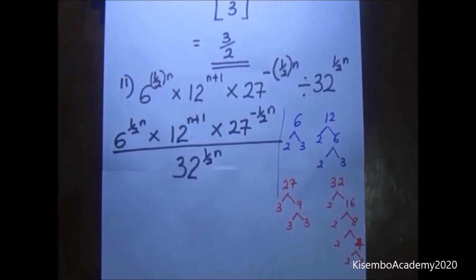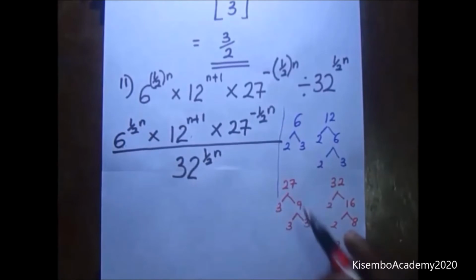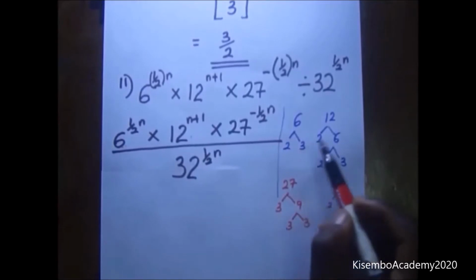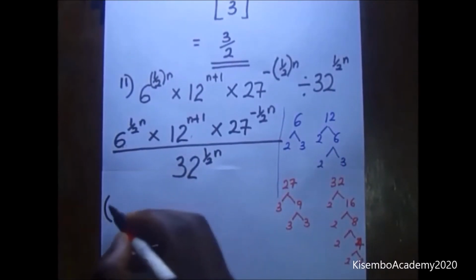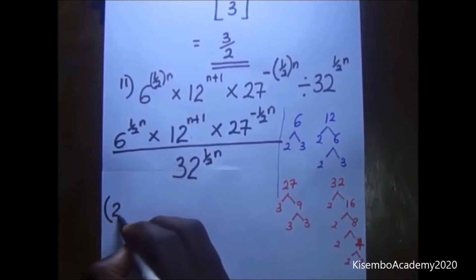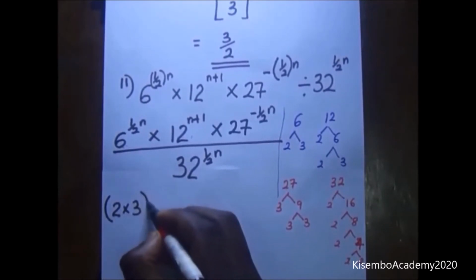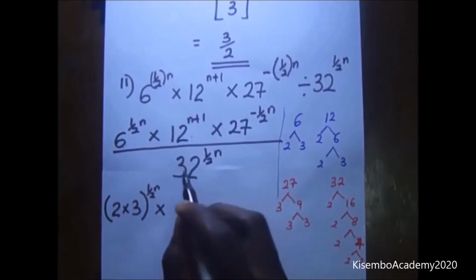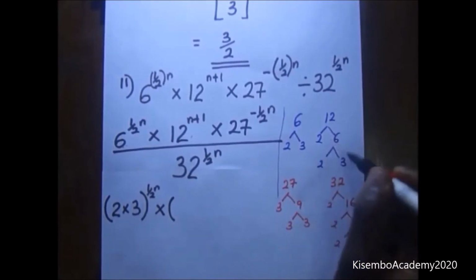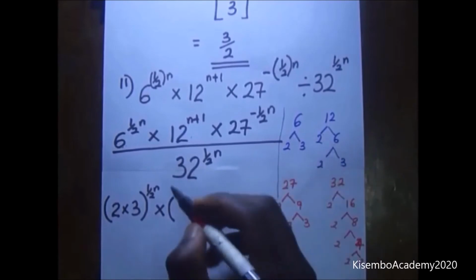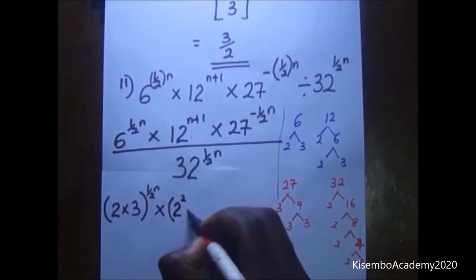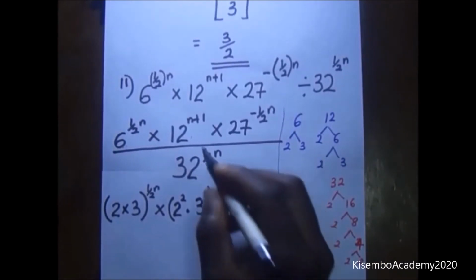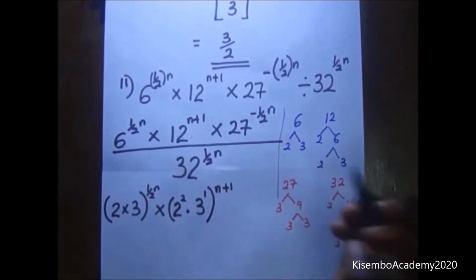So after finding the prime factors of these numbers, 6 is the same as 2 to the power 1 times 3 to the power 1. So in brackets, it's going to be 2 to the power 1 times 3 to the power 1, all to the power half n, multiplied by 12, which is 2 to the power 2 times 3 to the power 1, all to the power n plus 1.